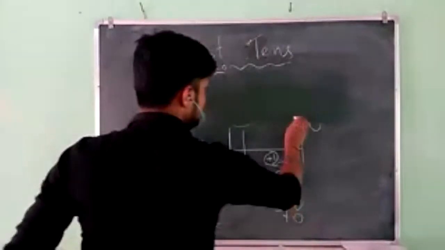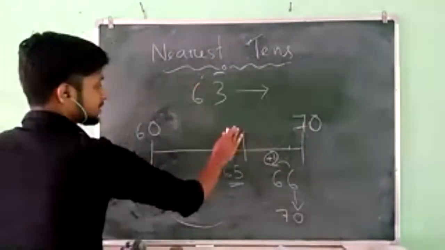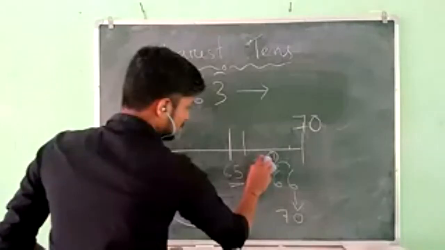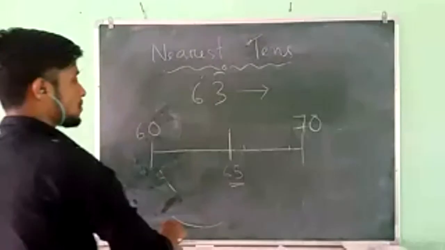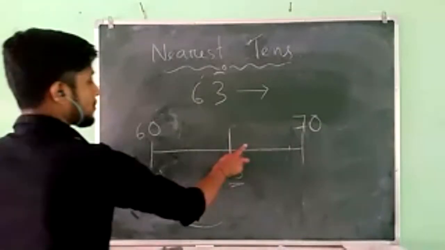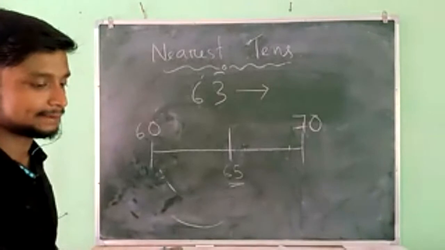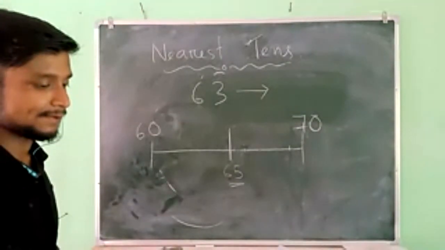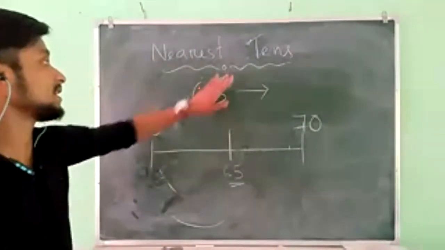Suppose we are rounding off 63. If I round off 63, what will we get? 60. Very good.